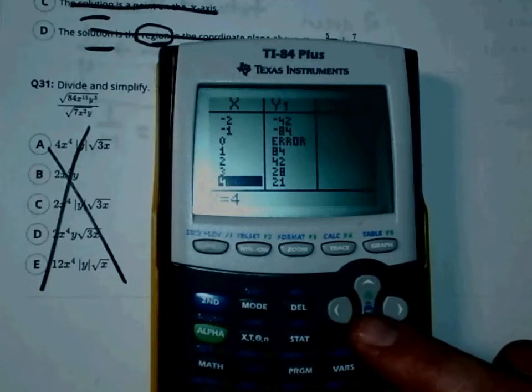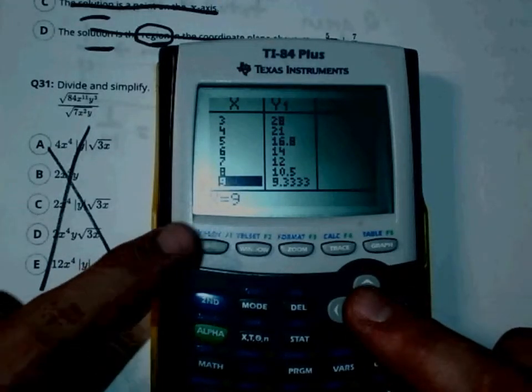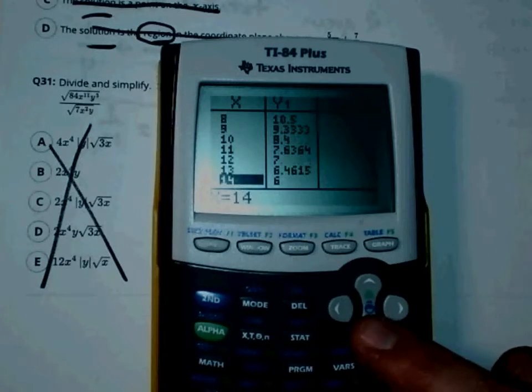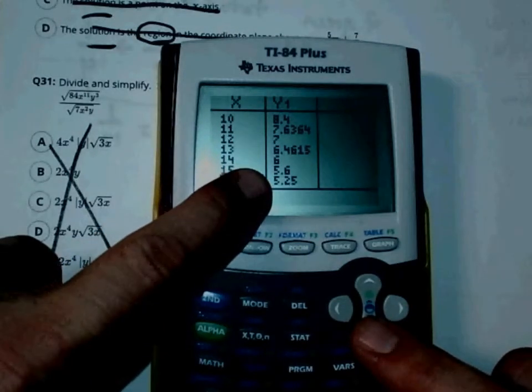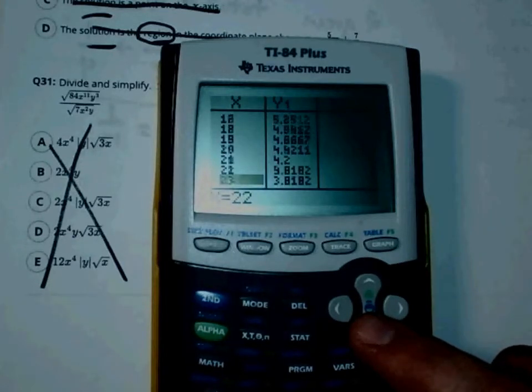Let's go on down to another perfect square. The next perfect square is 9, and 9 is not divisible into it, so it goes away. The next one after 9 is 16, and 16 doesn't work either. What's the next one after 16? 25.